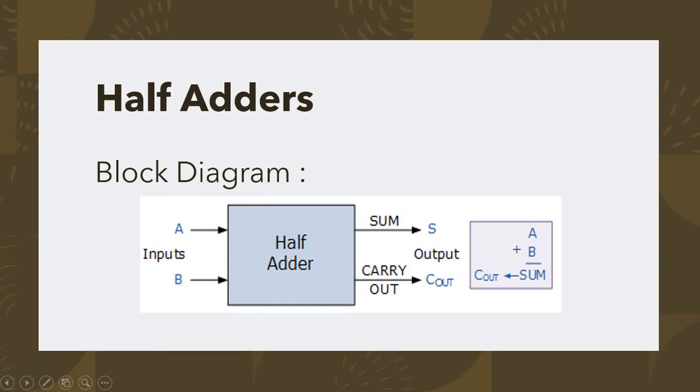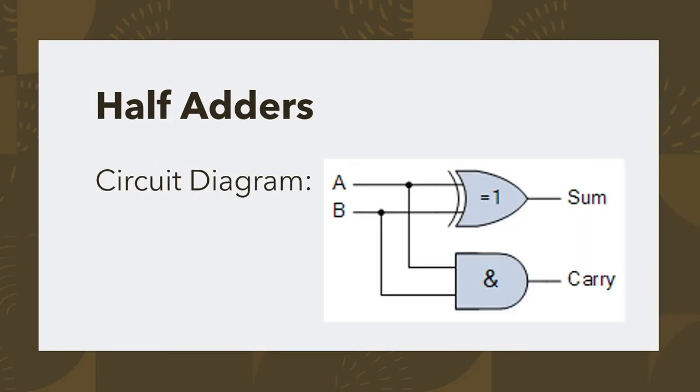So in the diagram you have A plus B, the result will be the sum, and if there is an extension to the result, that will be in the carry output. For example, if you're going to add 1 plus 1, the result will be 10, so your 0 will be your sum and your 1 will be your carry. That's the basic block diagram of the half adder.